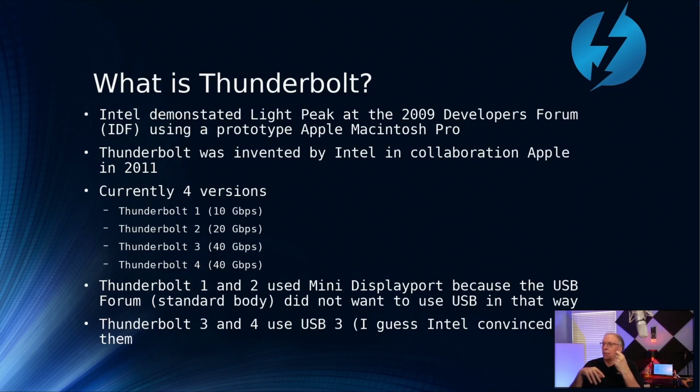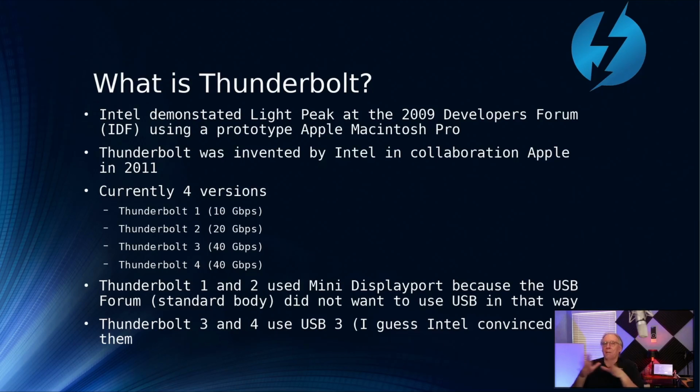As far as additional things, Thunderbolt 1 and 2 also used a mini DisplayPort connector, and some people were kind of mad when Intel switched it to the USB standard. But originally Intel wanted to be on the USB standard, but the USB forum, which controls the standard, said, we don't want to do any of this mixing stuff on our standard.